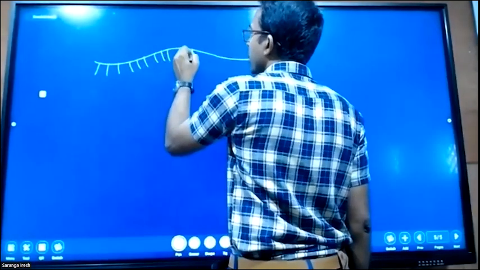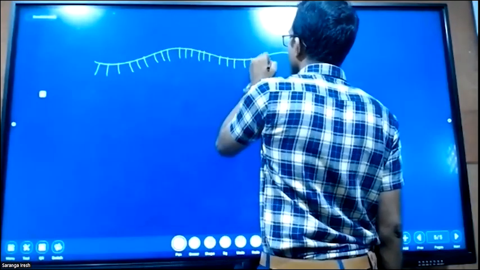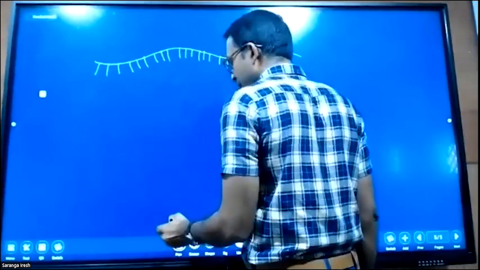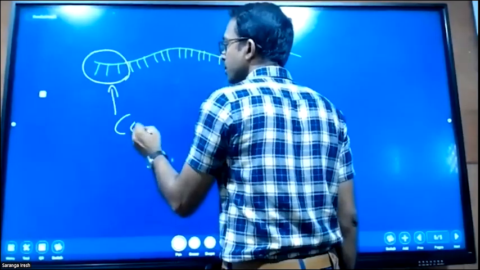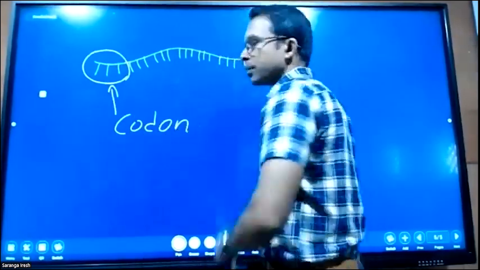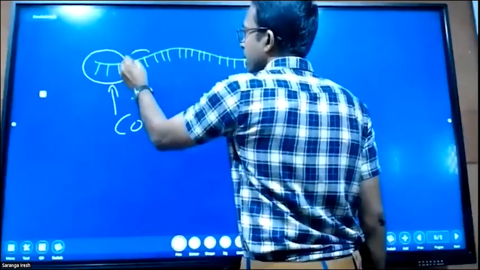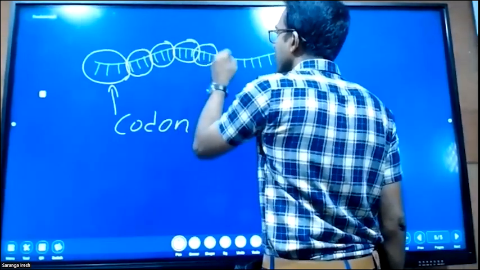Each triplet is named a codon. Here a triplet, another triplet, another triplet, likewise.